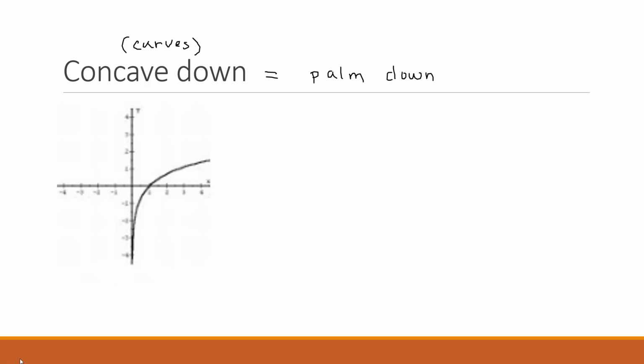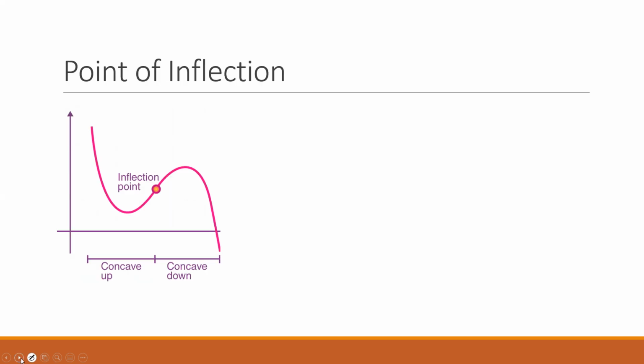Our next term is point of inflection. Point of inflection is denoted right in the center of this graph, and this is where the concavity changes.